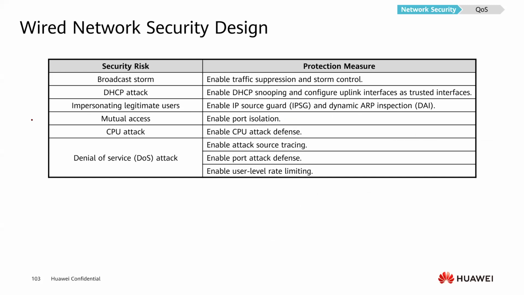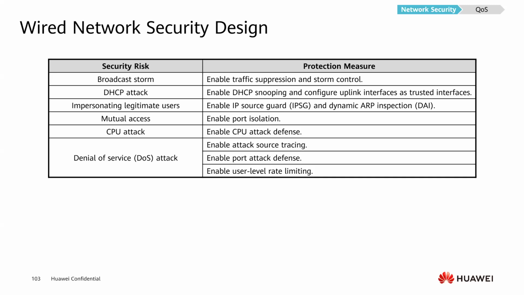And for wired network security, there are a lot of security methods. You can enable different methods to prevent different security risks. For example, for the broadcast storm, you can enable traffic suppression and storm control to control the broadcast, multicast, and unknown unicast packets to prevent the broadcast storm.